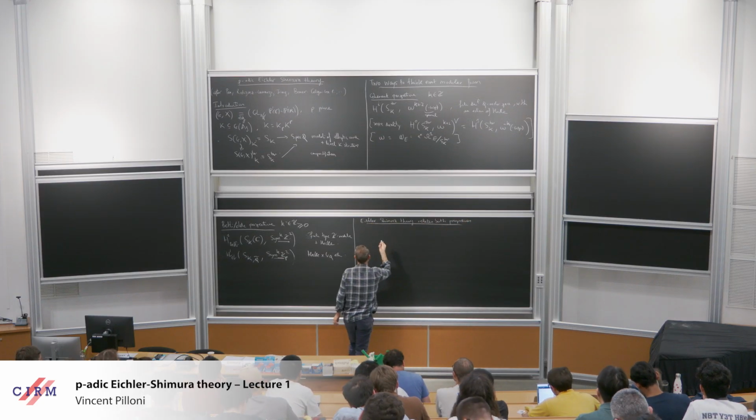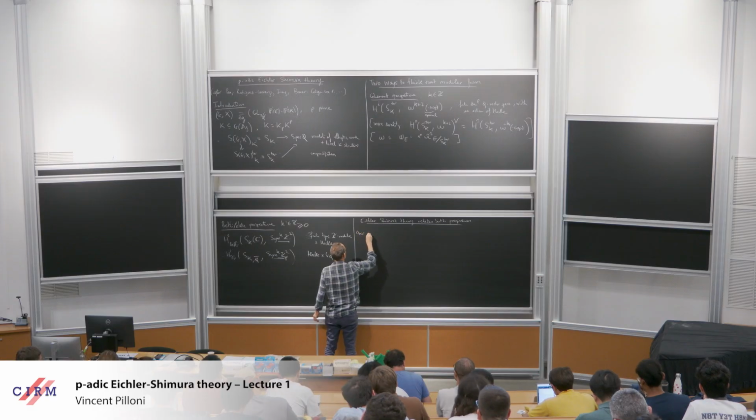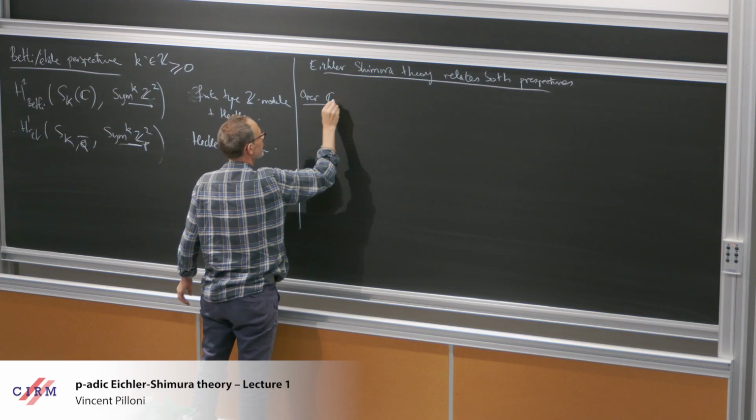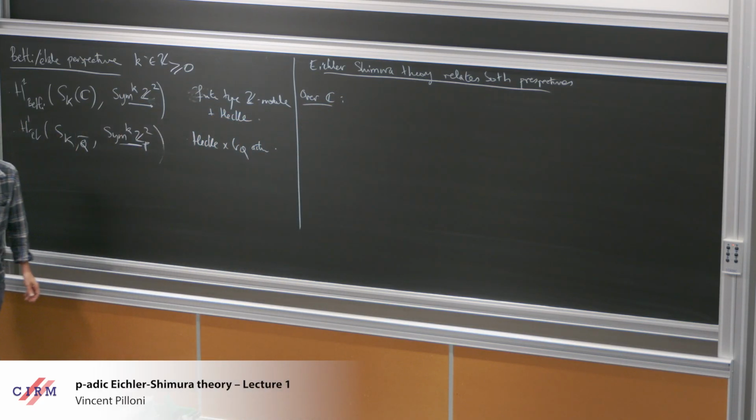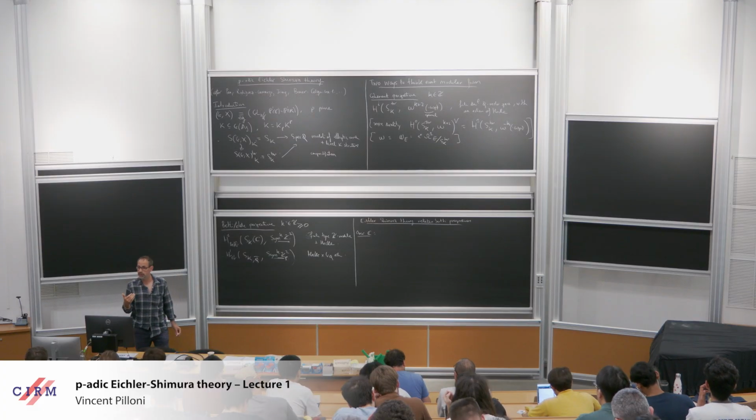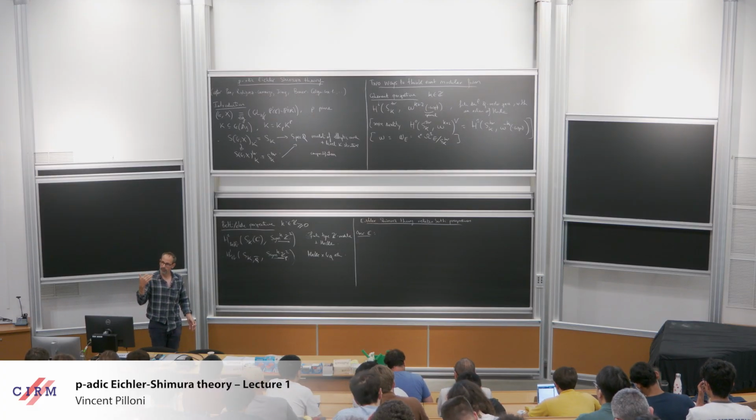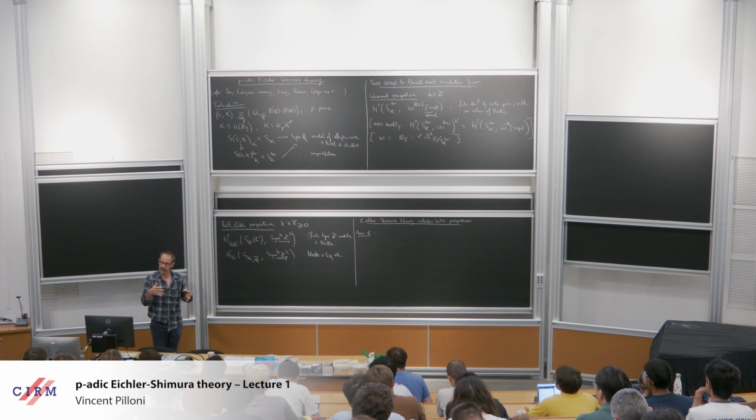And so maybe historically, or what's maybe considered as easier, is to do this over C. And that really means that we consider the modular curve over C, so maybe the underlying analytic space, and we also have C in the coefficients.